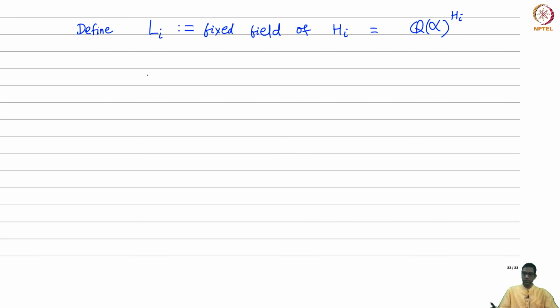Okay, now what would you get? You would just get something which goes in the opposite direction. So in other words, I have G tilde here and I have the identity at the other end. So this is H0 contained in H1, contained in and so on, up to Hr. Right, now at the level of fields, it just goes in the other order.